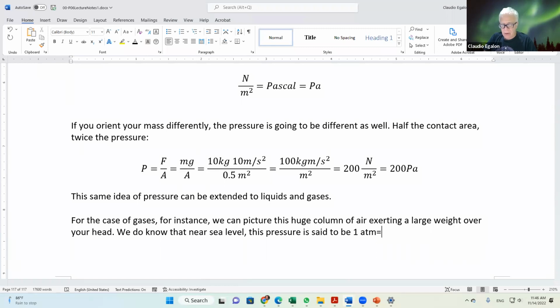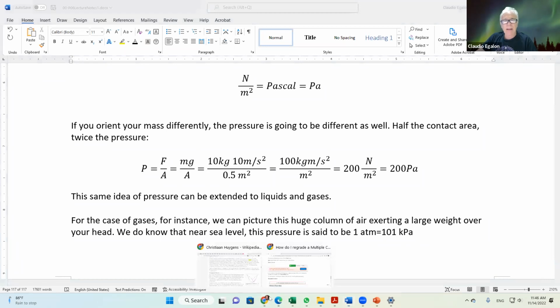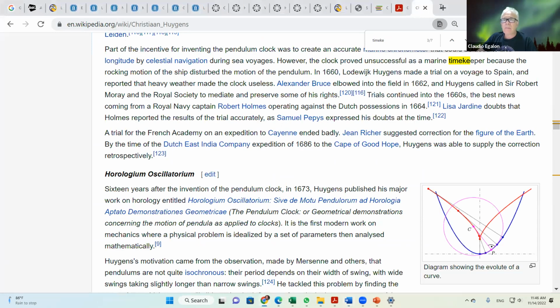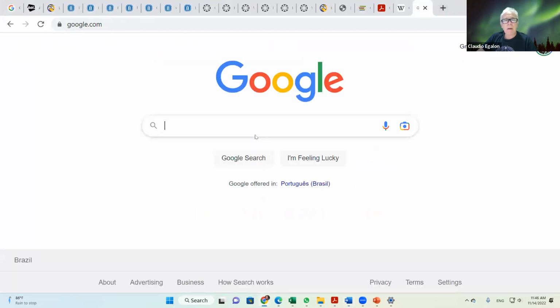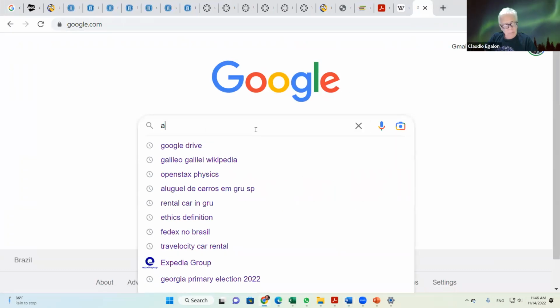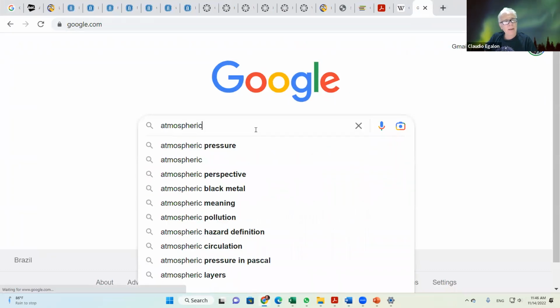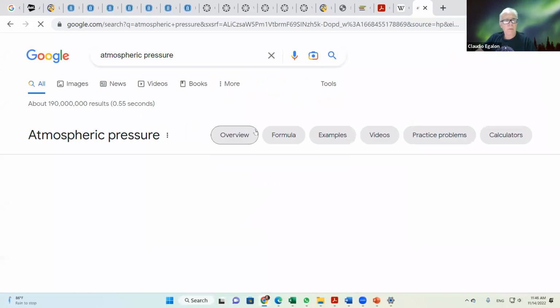1 atmosphere is roughly 101 kilopascal, 101,000 pascal. Let me make sure that's the right number. It's not much different than what I put in there. Atmospheric pressure.